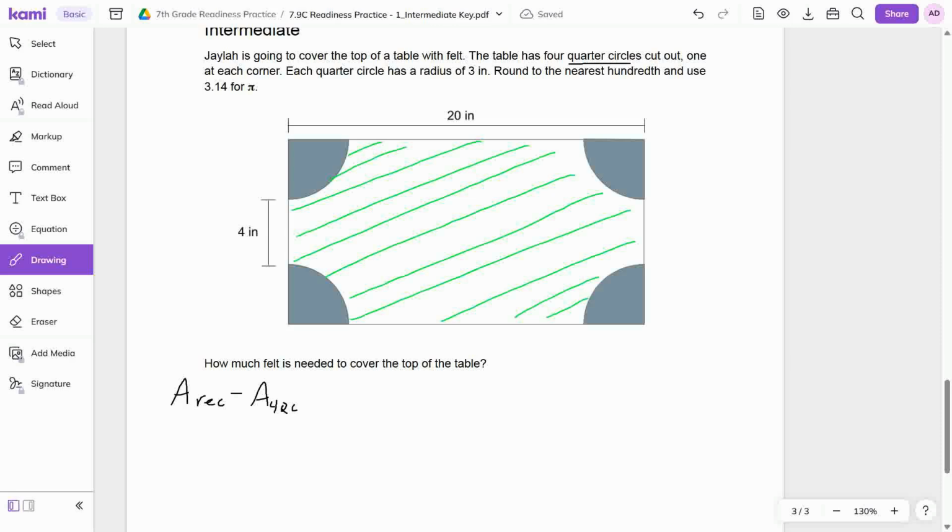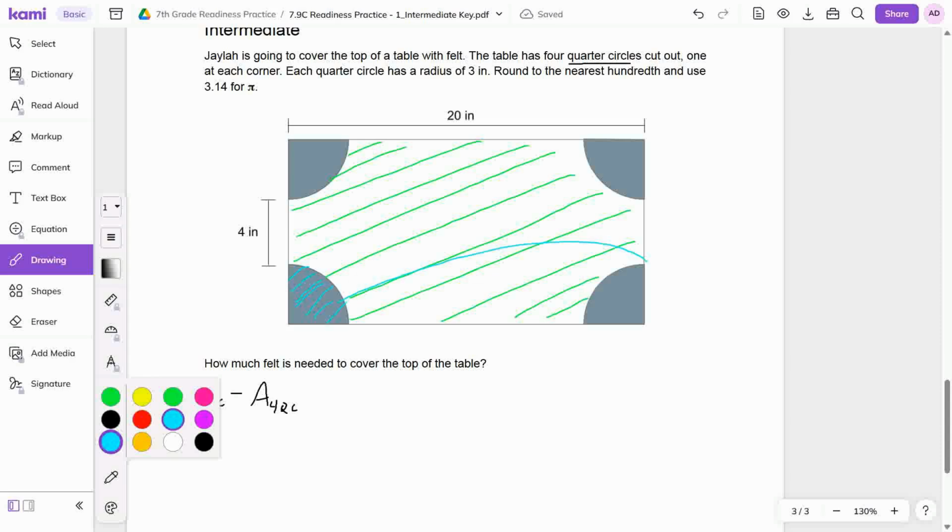Let's imagine our 4 quarter circles, okay? If I were to take this quarter circle, just imagine it with me, and move it all the way over here, guess what I would get? I'm going to get that right here. All right, so now I've got a semicircle.